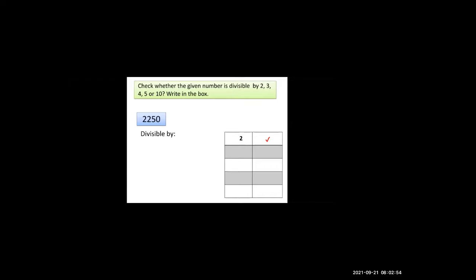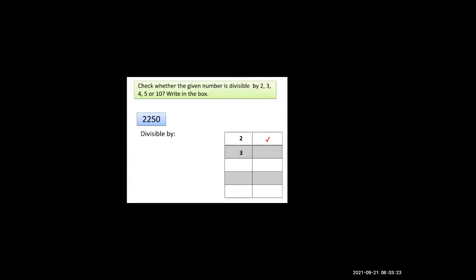Now, can you tell me the reason why you said that it is divisible by 2? Because, ma'am, at last there is a 0. Okay. At the unit place, if we have an even number, then we say that the number is divisible by 2. At the unit place, it should have an even number.